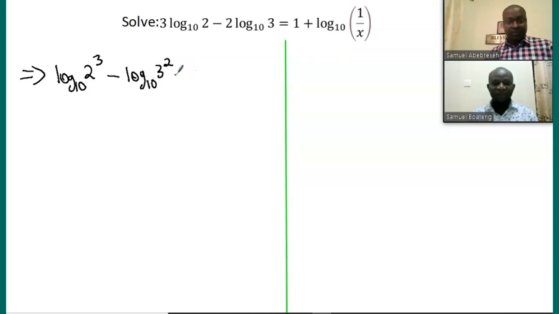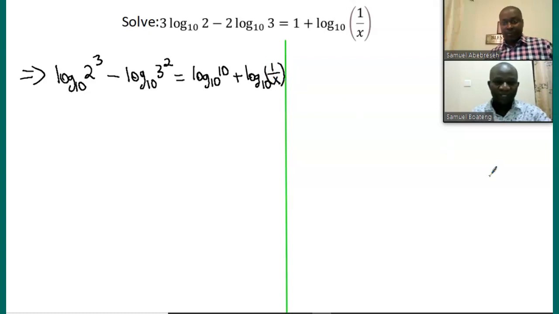That's applying the laws. And then we have 1. We can write it in terms of log. Since the base is 10, always keep in mind that log 10 to the base 10 is still 1, plus log to the base 10 of 1 on x. Put them in bracket.